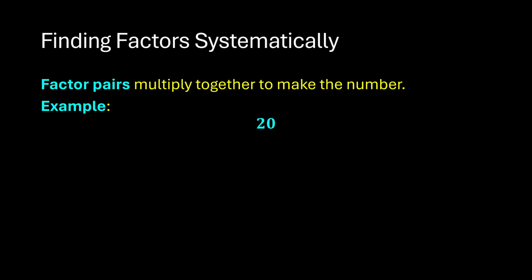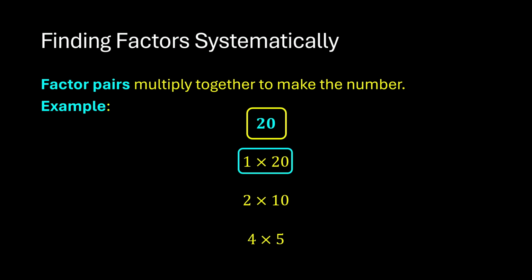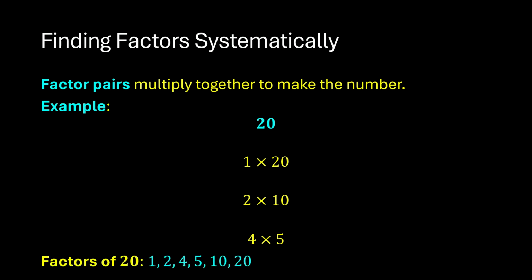Let's take a look at another example. 20 can be expressed as 1 times 20, or 2 times 10, or 4 times 5. So the factors of 20 are 1, 2, 4, and 5, 10, 20, as shown here.